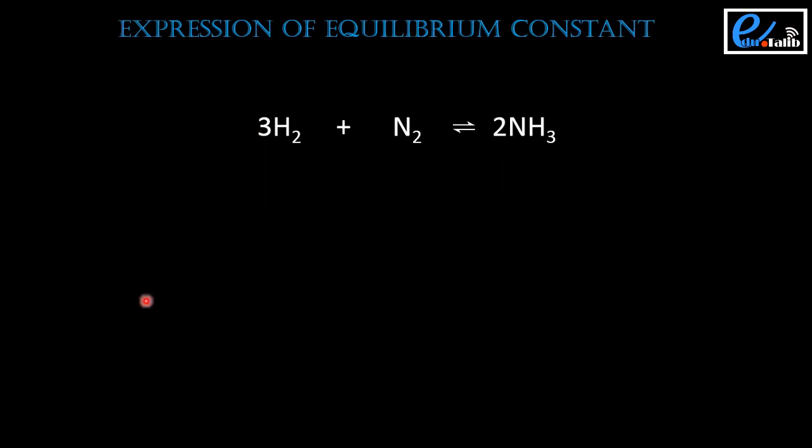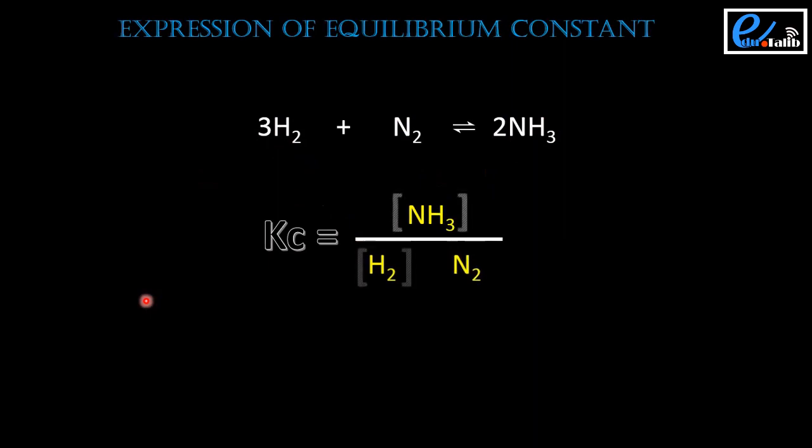So what do we have to do now for writing the Kc expression for this reaction? Kc, the same method: the product should be written in the numerator side and the reactants on the denominator side. And the same is over here. We have to place the square bracket for each of the product and the reactants.